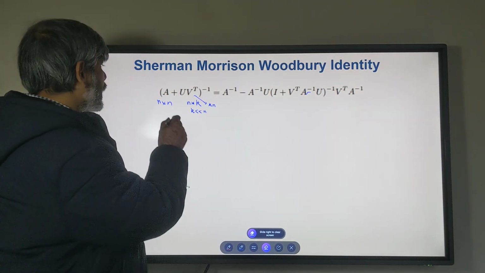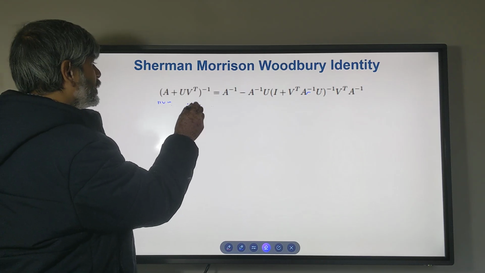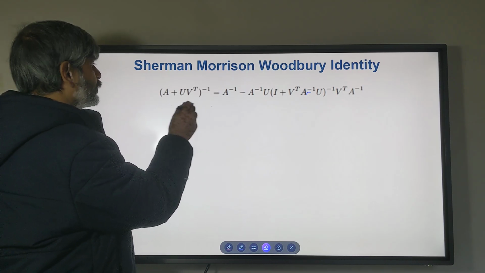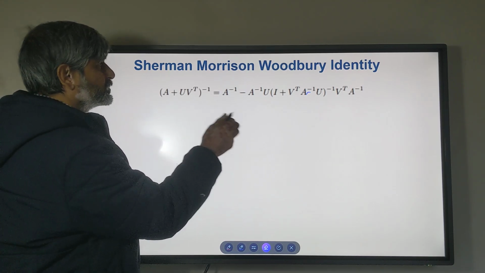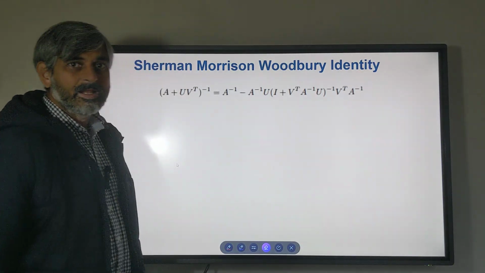The way to prove this identity is to post multiply first with these terms so as to get rid of V transpose and A inverse.